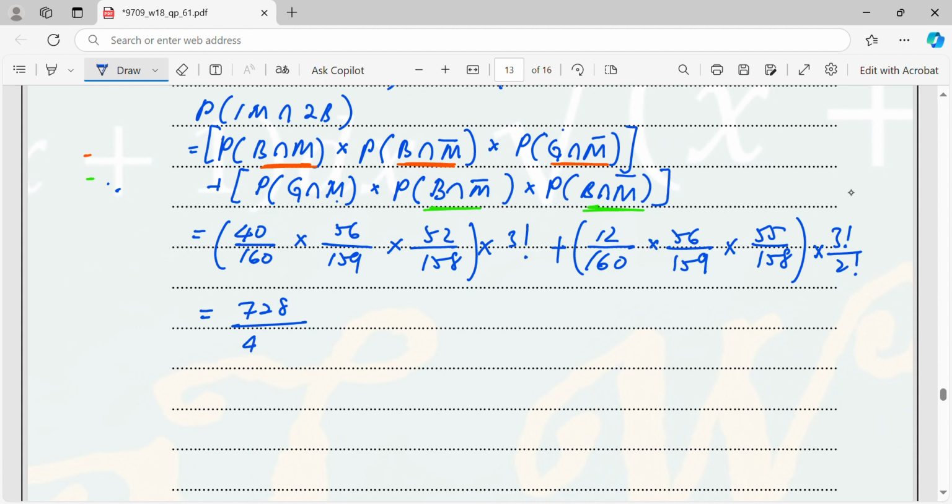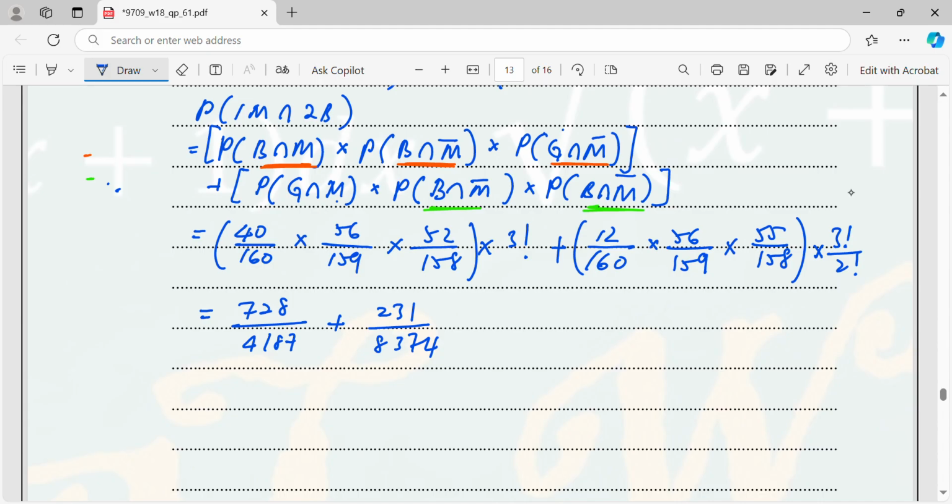So with this calculation, you will be getting 728 over 4187. Then you plus with the next one, 231 over 8374.